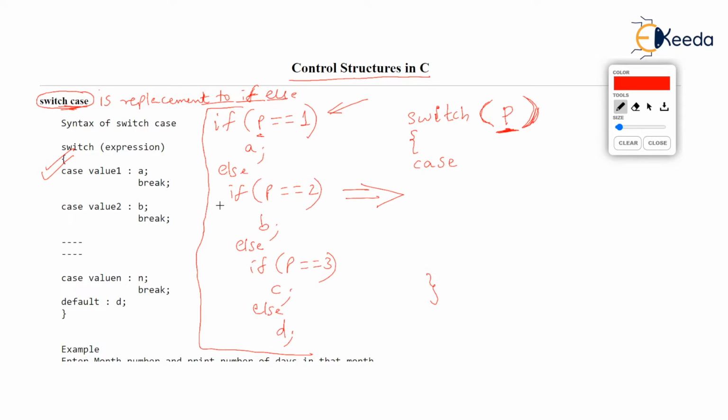So you are asking, is this p equal to 1, like that. This word case is internally taken as equal to equal to. Dramatic, isn't it? We read this as case, but internally C or C++ takes this as equal to.